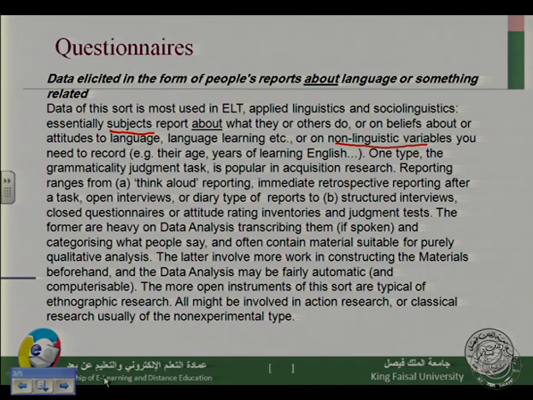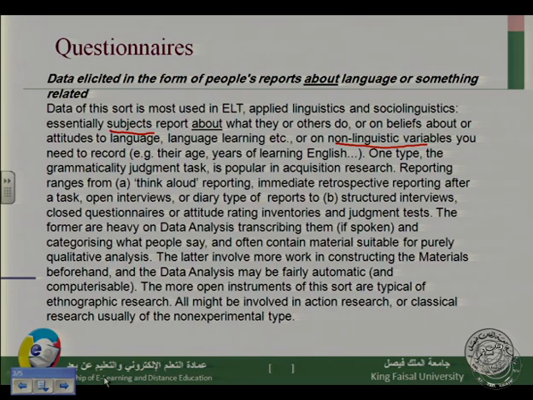One type, the grammaticality judgment task, is popular in acquisition research. Reporting ranges from think aloud reporting, immediate retrospective reporting after a task, open interviews or daily type of reports, to structured interviews, closed questionnaires or attitude rating, inventories, and judgment tests.